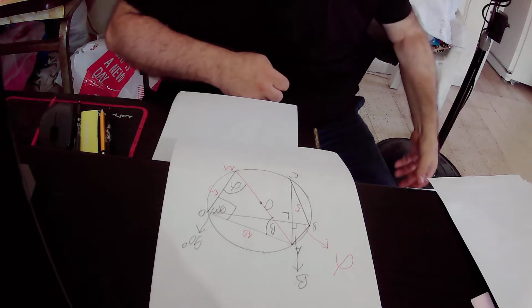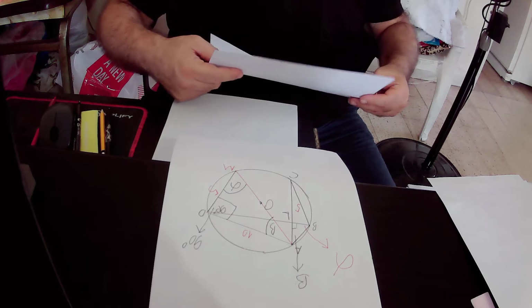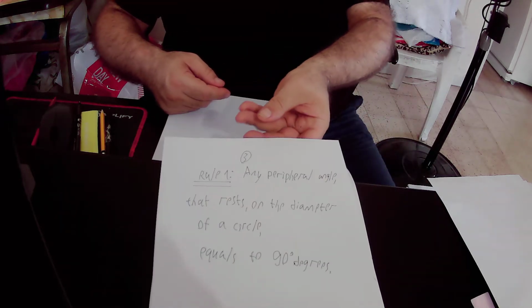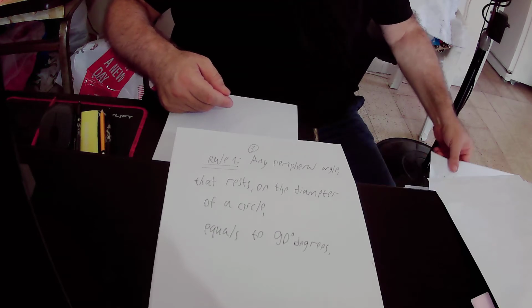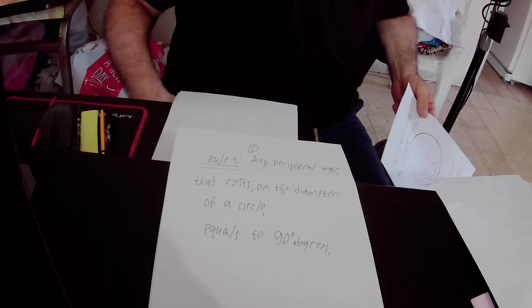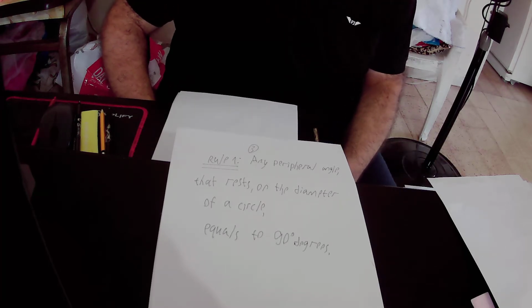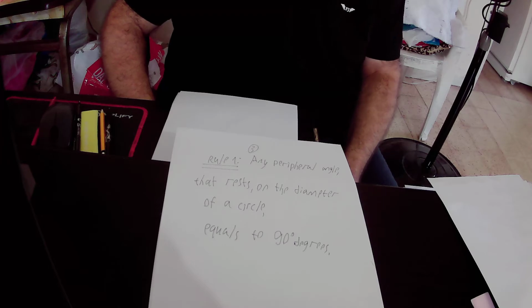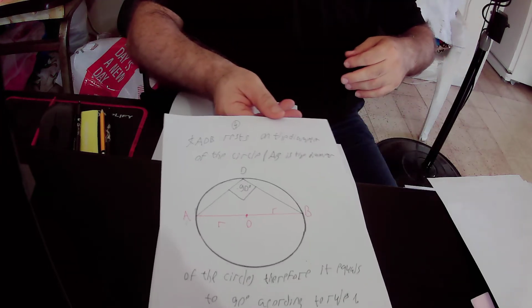Then we have rule number 1, which states that any peripheral angle that rests on the diameter of a circle equals 90 degrees. I will show you an example of a peripheral angle.